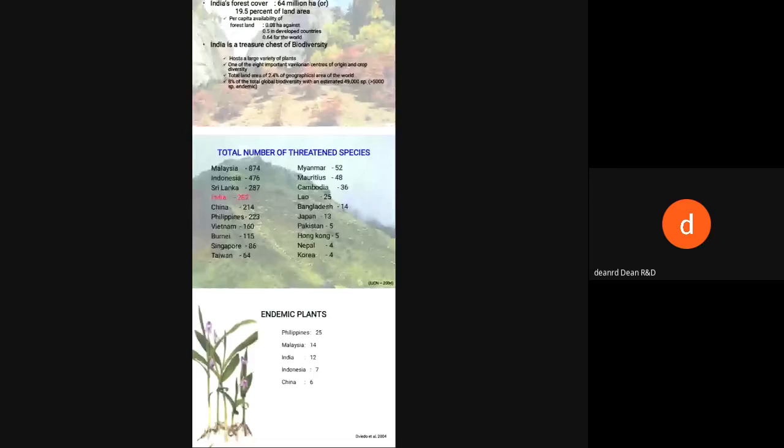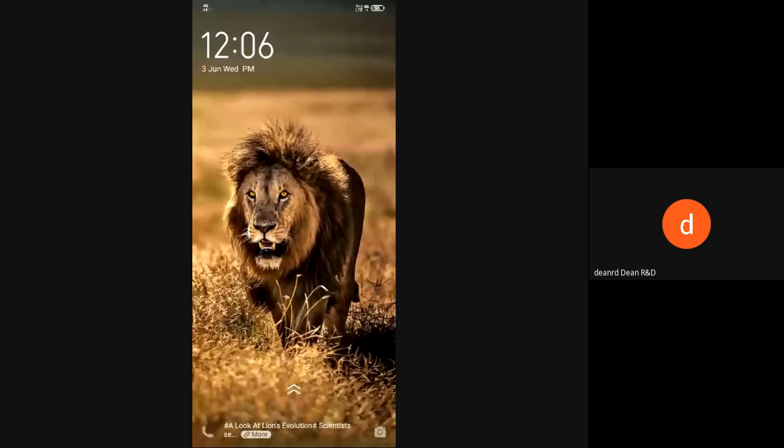The total number of threatened species, when we look upon, Malaysia has the maximum number of 874, followed by Indonesia 476, Sri Lanka 287, whereas in India it is 282, and it goes on like that in various countries like China, Philippines, Vietnam, Singapore, Taiwan, Myanmar, Mauritius, Cambodia, Laos, Bangladesh, Japan, Pakistan, Hong Kong, Nepal, and Korea.